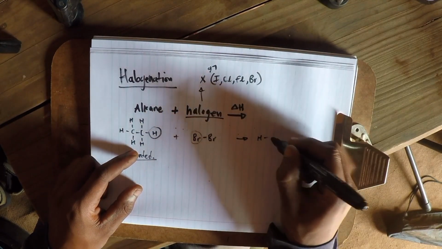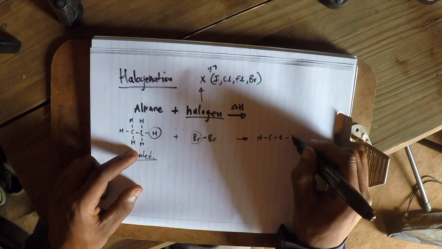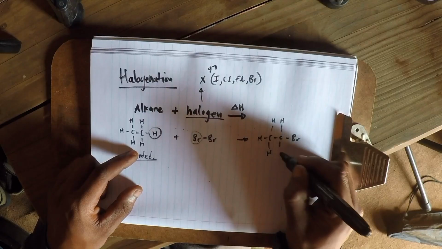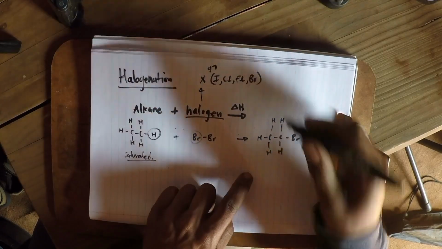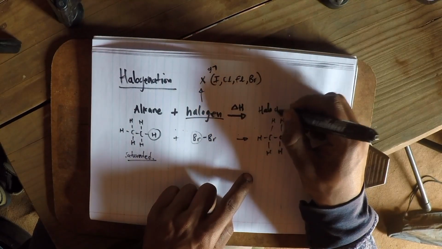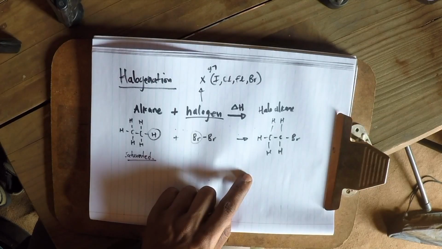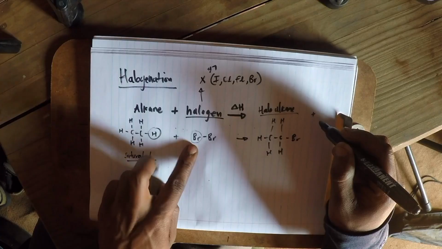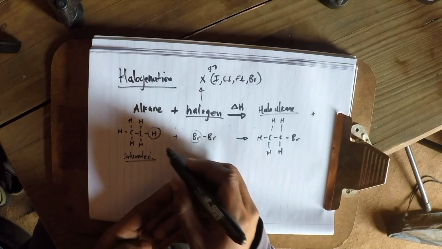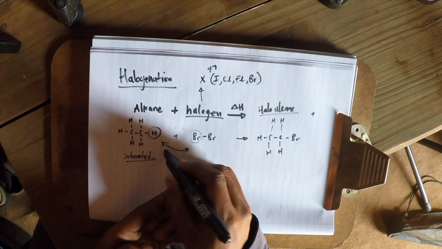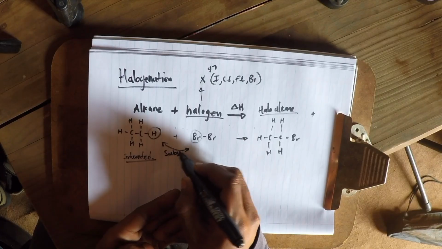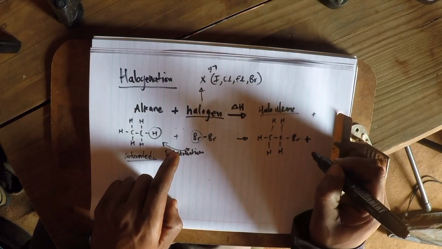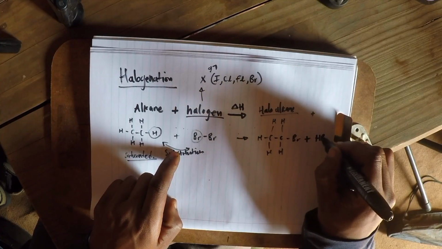Then you will get, what is this? This is now a haloalkane. So you have a haloalkane plus the H and the Br, remember they substitute. And then you have a secondary product, which is HBr.